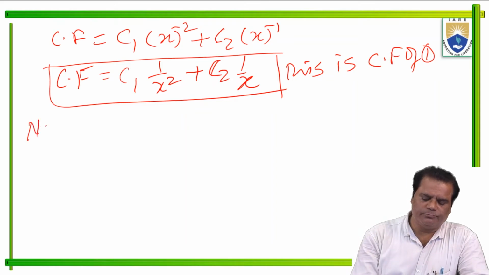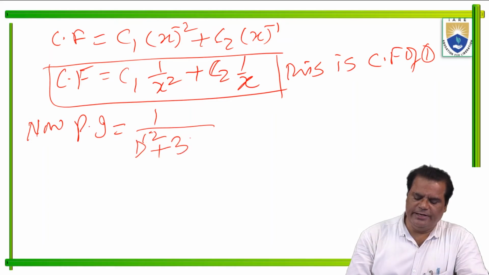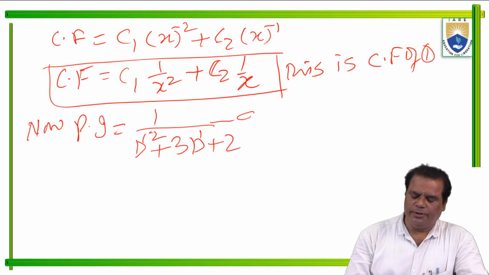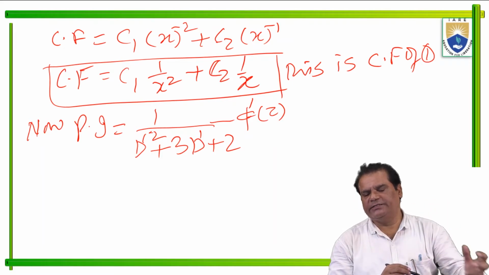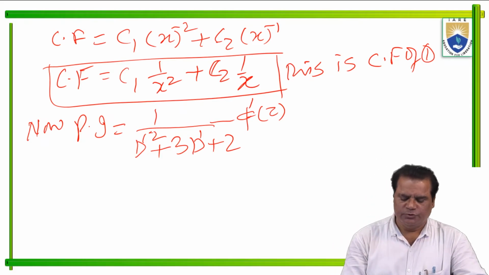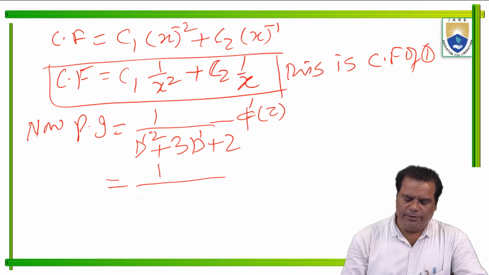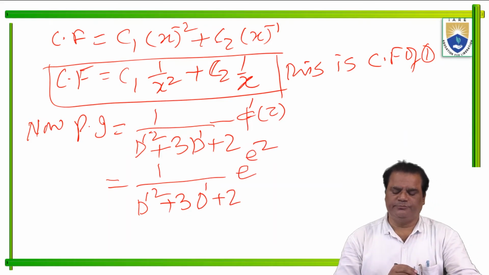Now PI, the particular integral: 1 upon D dash square plus 3D dash plus 2 into Q, the phi dash z function. In our question the phi x function is given, but in our converted equation the function is phi dash z. So now putting here 1 upon D dash square plus 3D dash plus 2, here this is e to the power z.